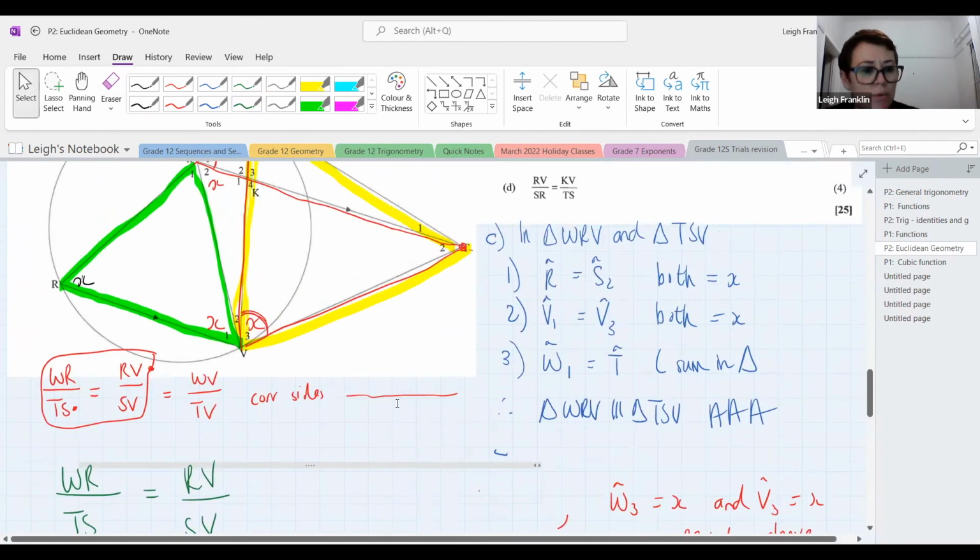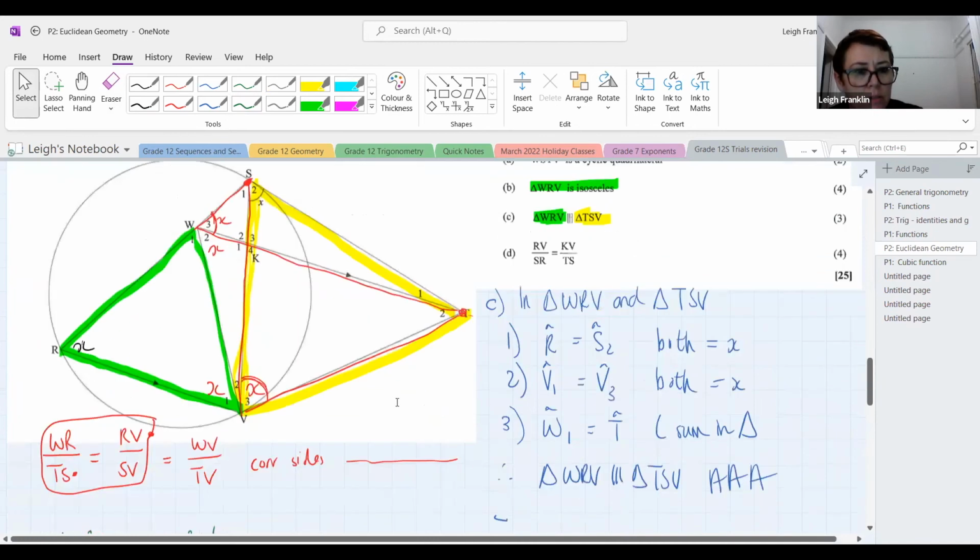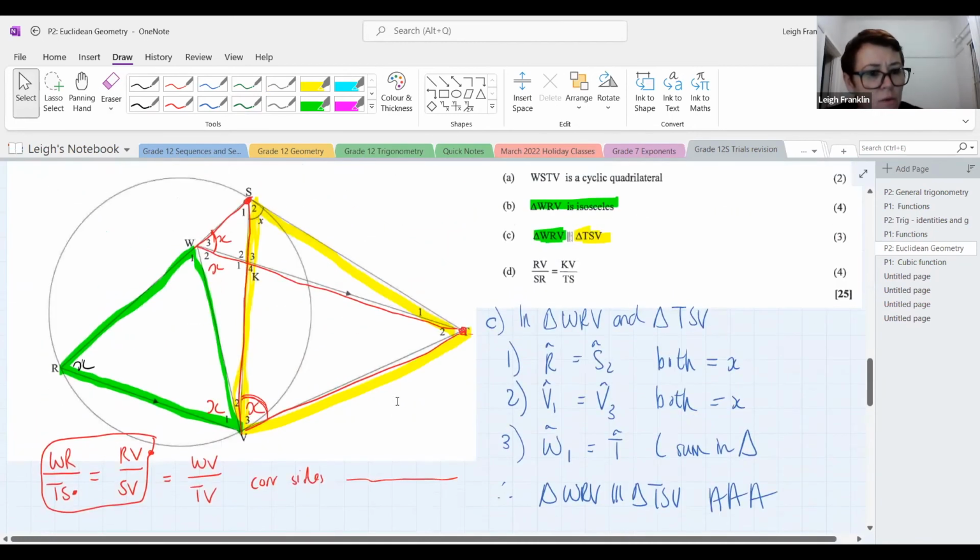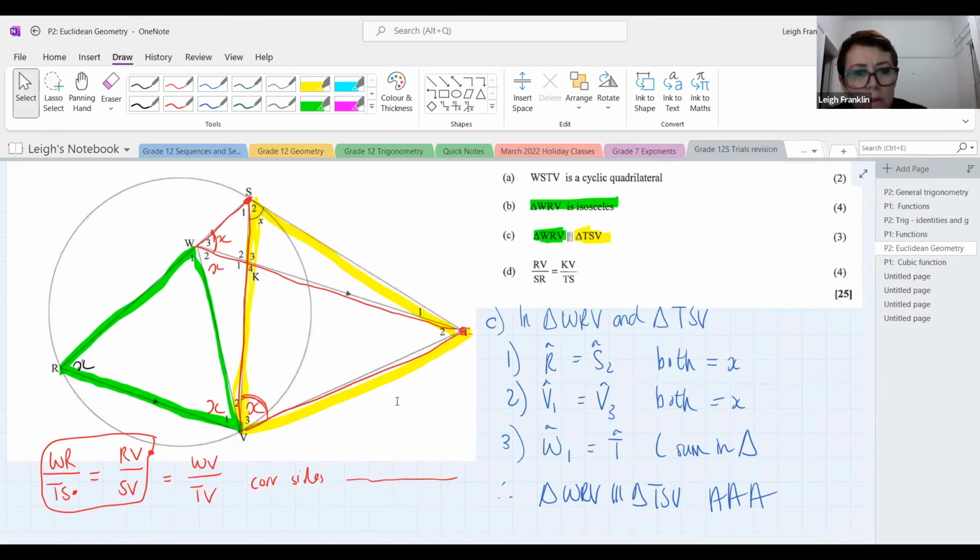But we don't want WR and we don't want SV. Is there anything that we can replace? WR, VW, KV.